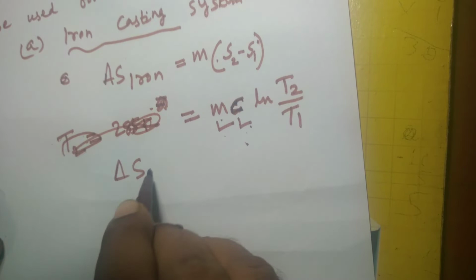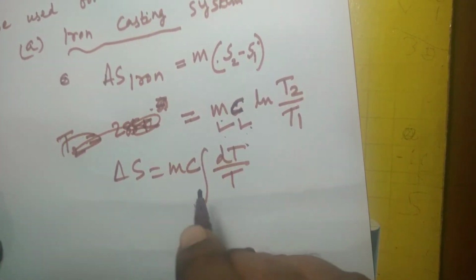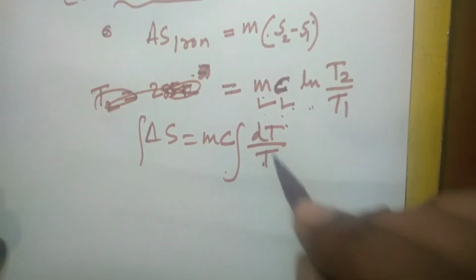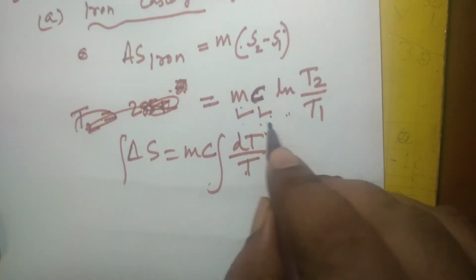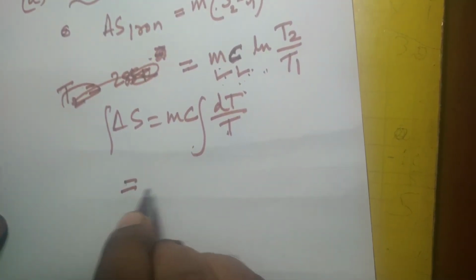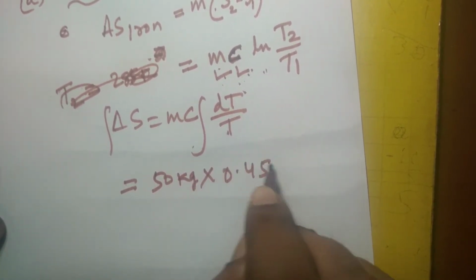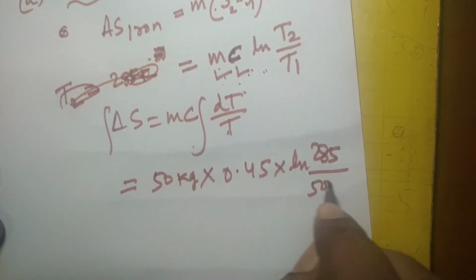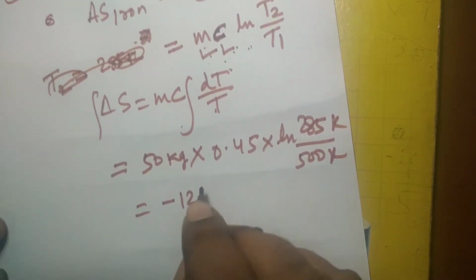Delta S of iron is equal to m c ln(T2 by T1), and this is 50 kg multiplied by 0.45 multiplied by ln(285 divided by 500 Kelvin), and this comes out to be minus 12 point.